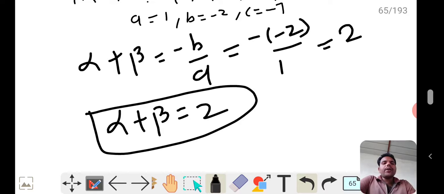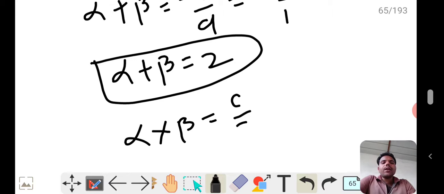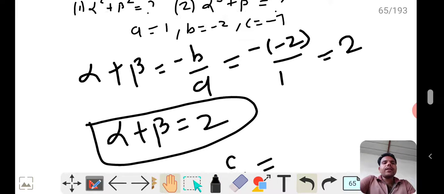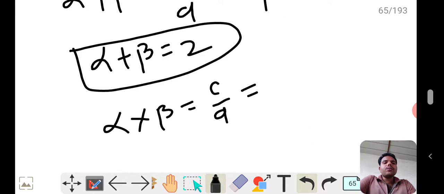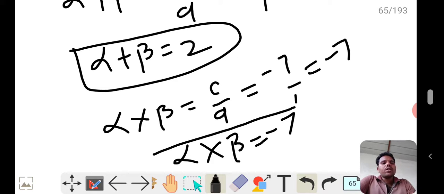And alpha into beta is equal to c by a, where c is minus 7 and a is 1, so minus 7 by 1 is equal to minus 7. So alpha into beta is equal to minus 7. We know these two values.